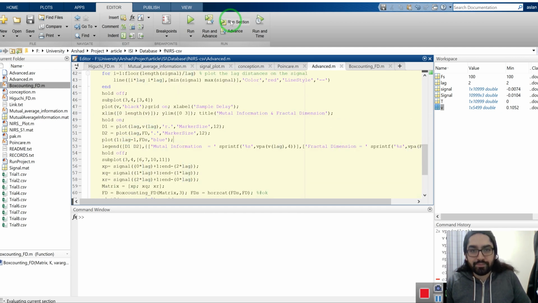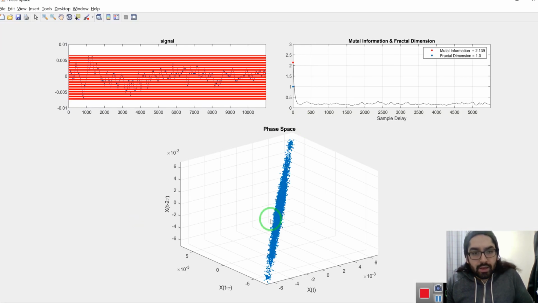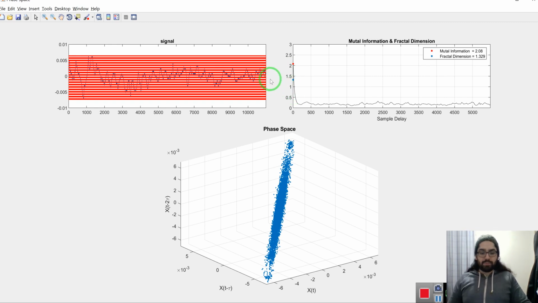Okay, let's see. Because of the high processing, it's just a little slow, as you can sense. Okay, it's the phase space for the first lag, as you see, and it's like a linear shape, but with bigger lags it expands.